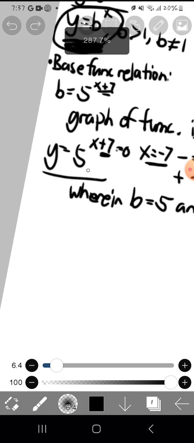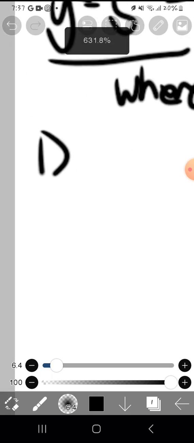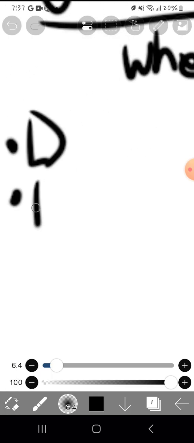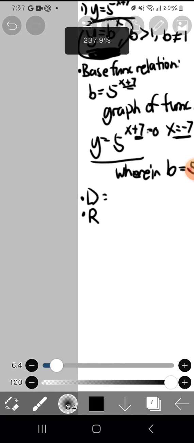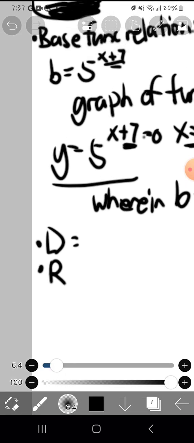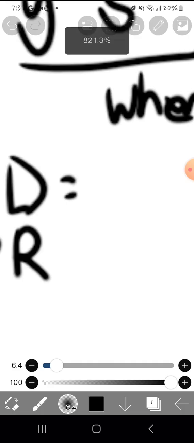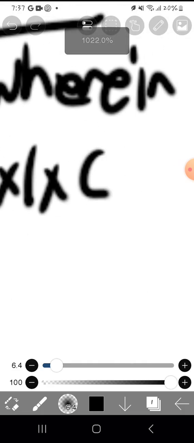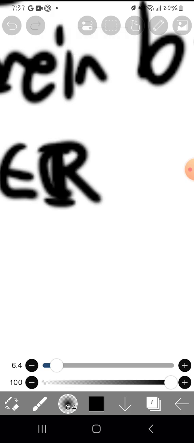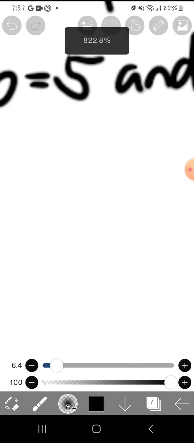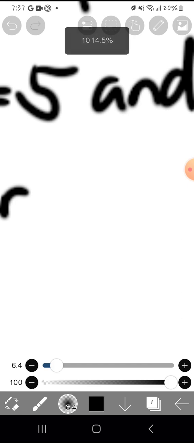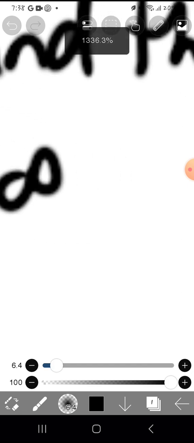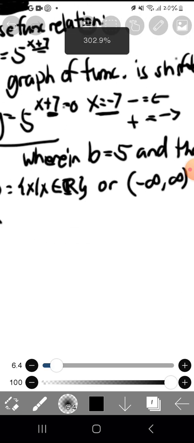Tapos, hanapin natin yung domain at range. So, ang domain, pag exponential function, always remember, the domain is the set of all real numbers. Set builder notation, x such that x is a set of all real numbers. Or, pag interval notation, negative infinity, positive infinity.